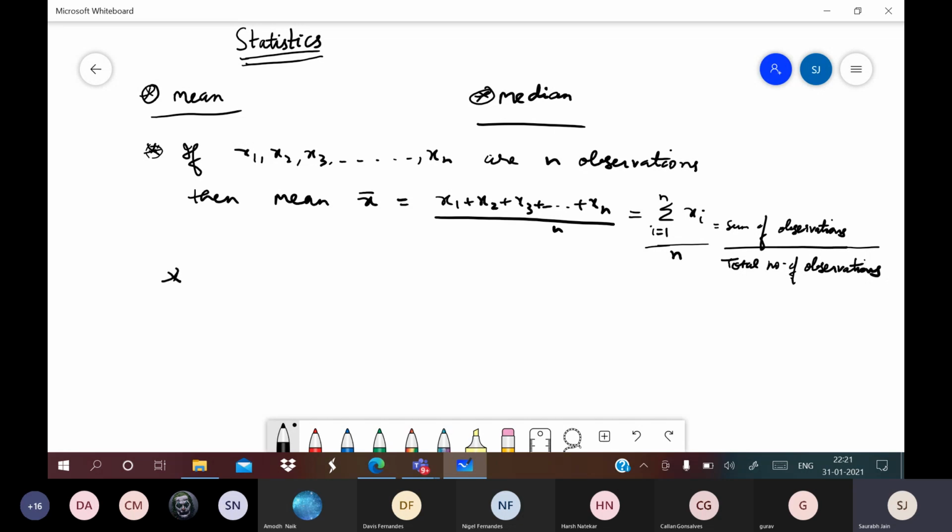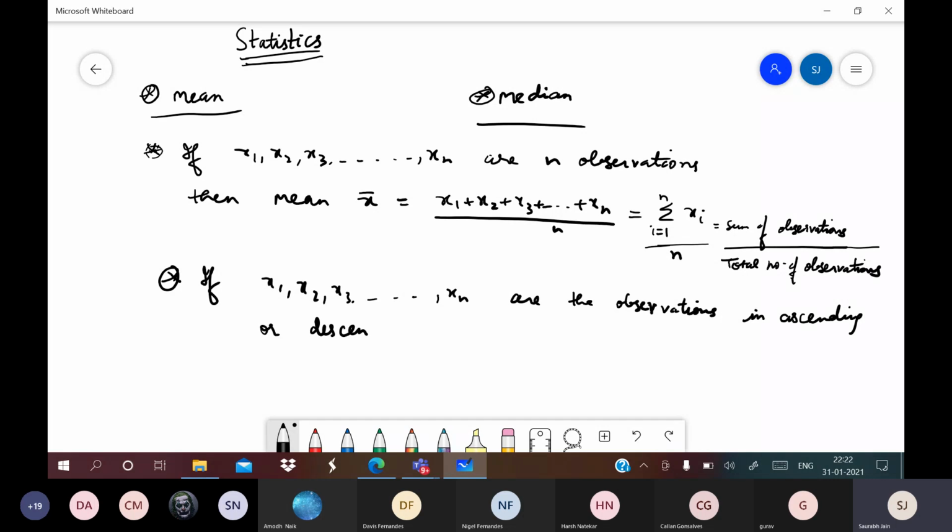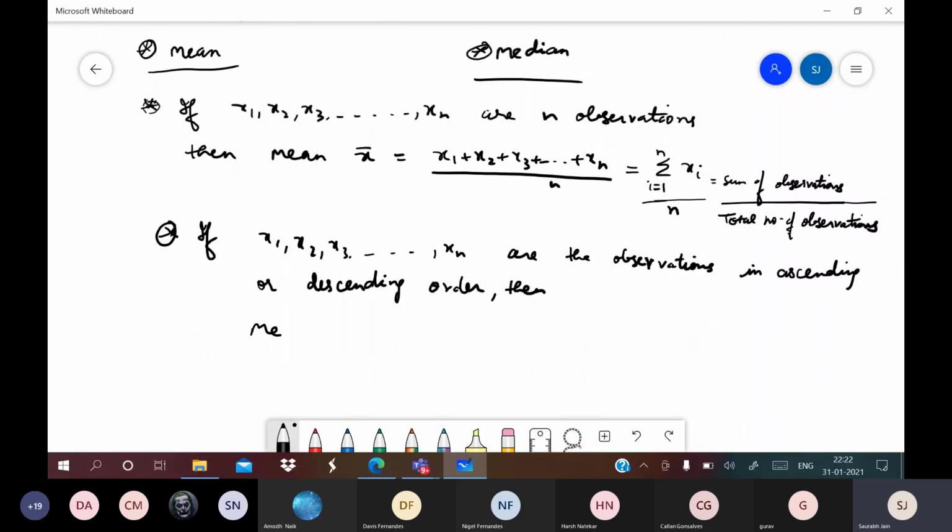Now if x1, x2, x3 up to xn are the observations in ascending or descending order, that means either you write these observations in increasing order or decreasing order, then the median is equal to the n plus 1 by 2th observation, if n is odd.